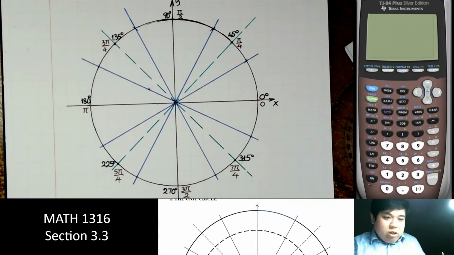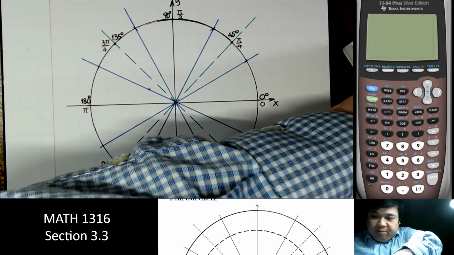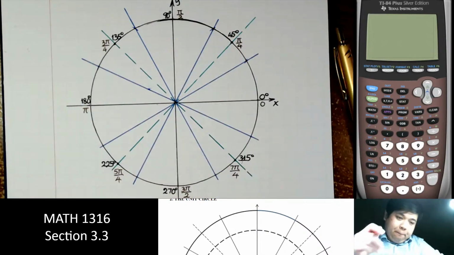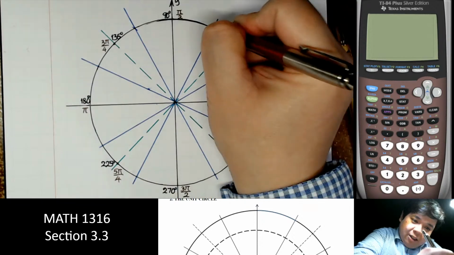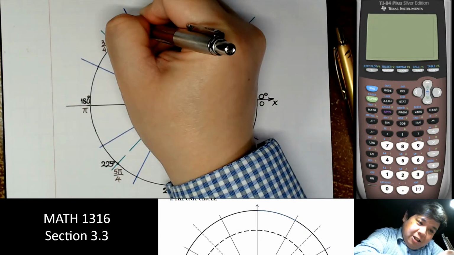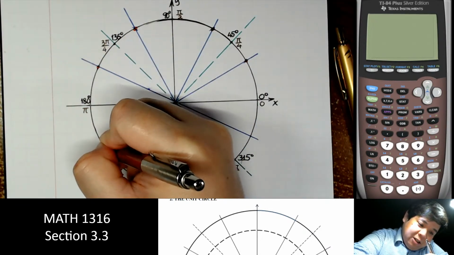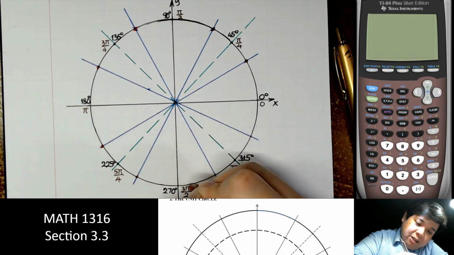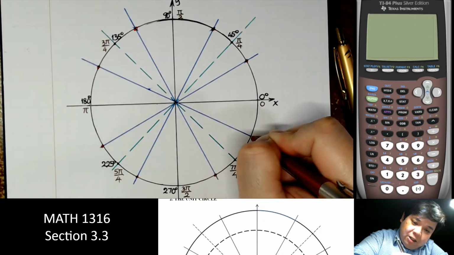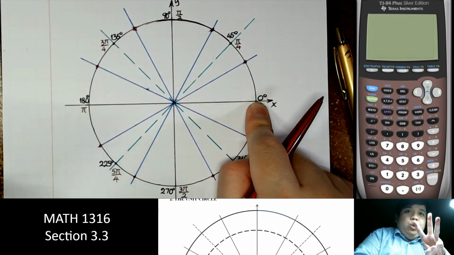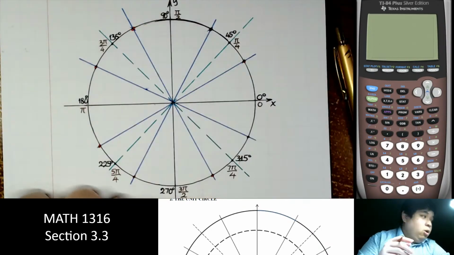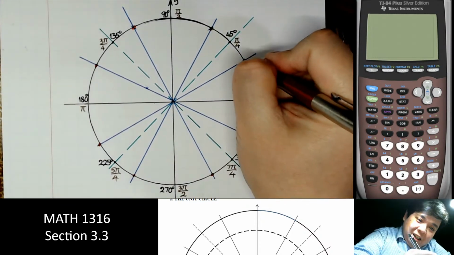I guess I have to switch the colors here. So now this, 0 to 90 degrees, divide that into 3 equal segments. So we go 0 to 30.